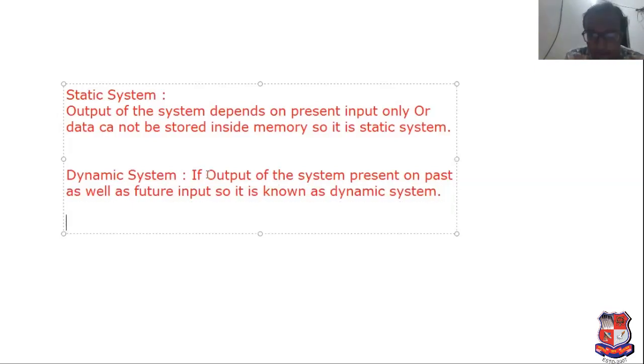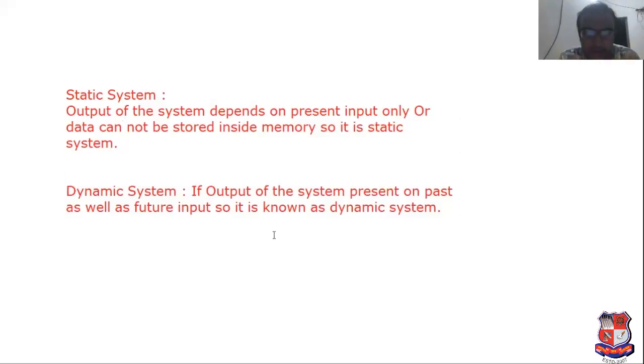If the output of the system depends on present input only, or data cannot be stored inside memory, it is a static system.